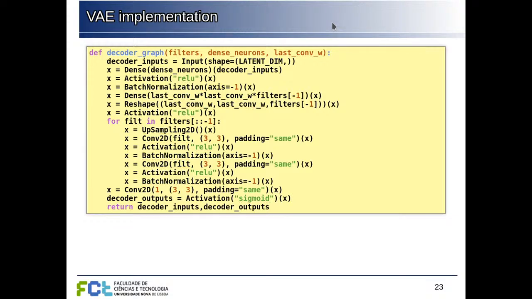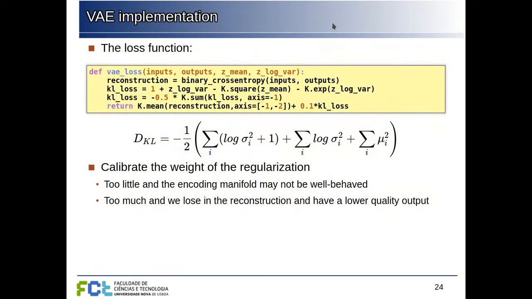Okay, so now we have the 3 graphs, the encoder, the sampler, and the decoder, and what we need now to create the complete model for training is the loss for the variational autoencoder. This loss will have 2 terms. One is the binary cross entropy comparing the output of the autoencoder and the input of the autoencoder.